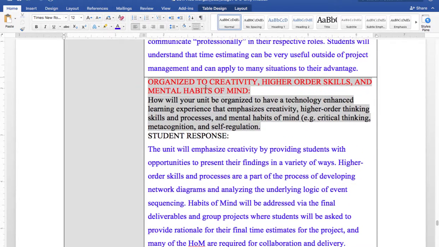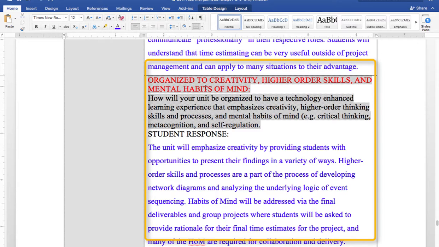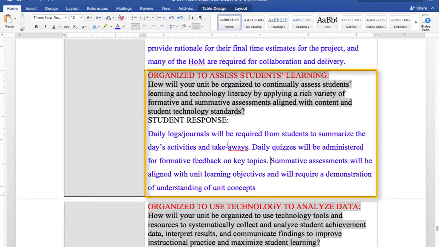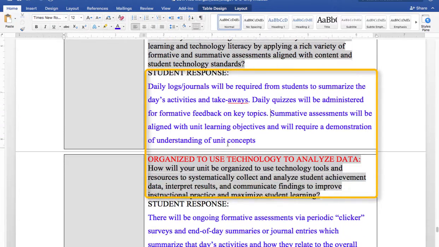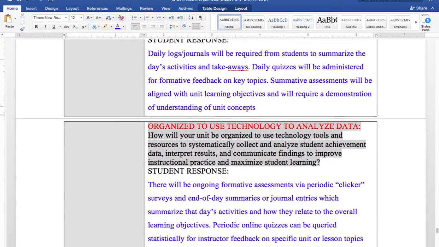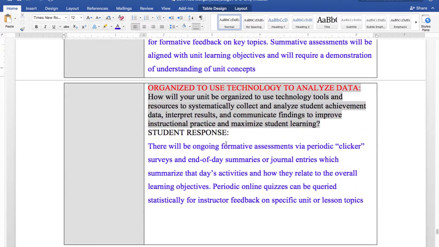How can we organize toward more creativity, higher-order skills and habits of mind? How can we organize to assess students' learning? What are the ways that we can do both formative and summative assessments to get feedback along the way and to gauge at the end whether or not the unit learning objectives have been met?